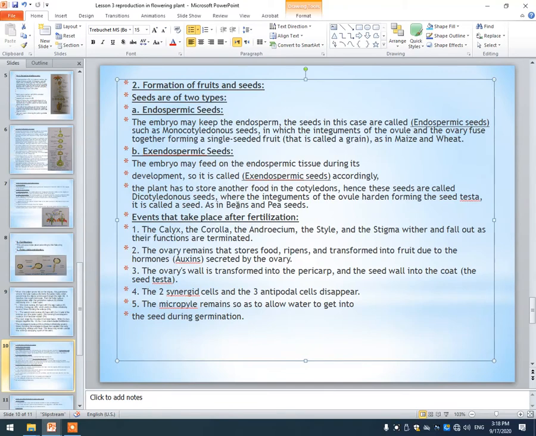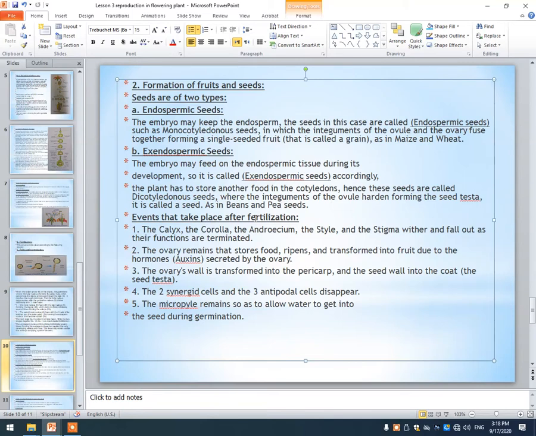Formation of fruit and seeds. Seeds are of two types: endospermic and exendospermic. Endospermic seeds: the embryo may keep the endosperm, and the seeds in this case are called endospermic seeds, such as monocot seeds, in which the integuments of the ovule and the ovary fuse together forming a single-seeded fruit.